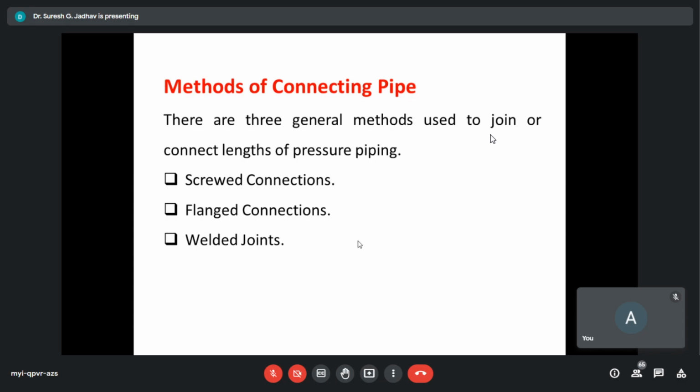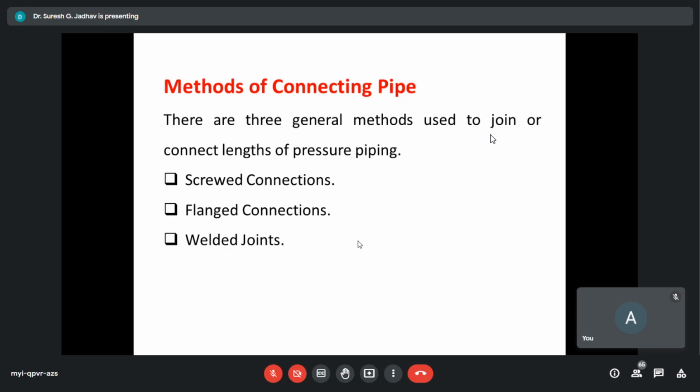For instance, if you see a pressure cooker, there is a gasket, a circular shape. The same kind of gaskets we can use in pipes.